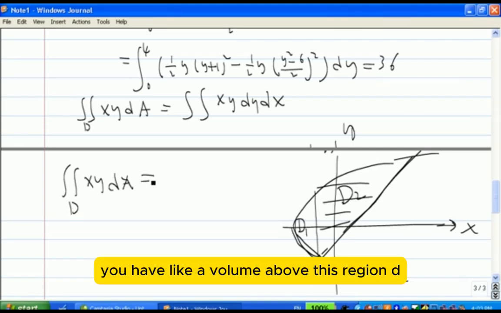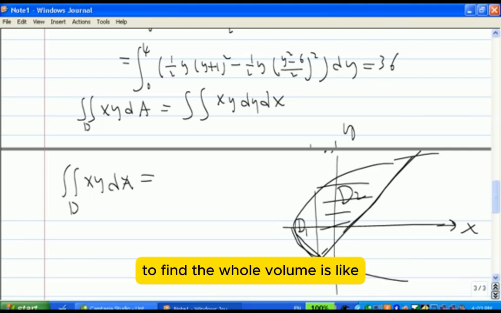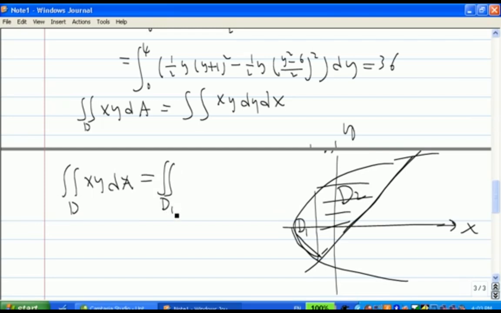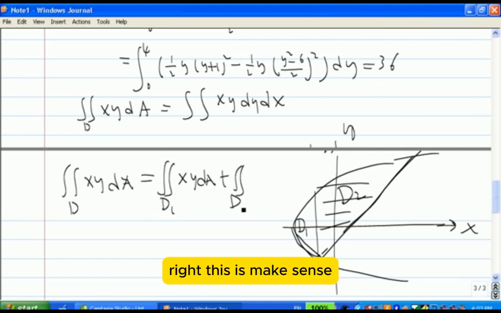You have like a volume above this region D. To find the whole volume is like finding the volume restricted on D1 and the volume restricted on D2. Add them together would give you the whole thing. Right? This makes sense.